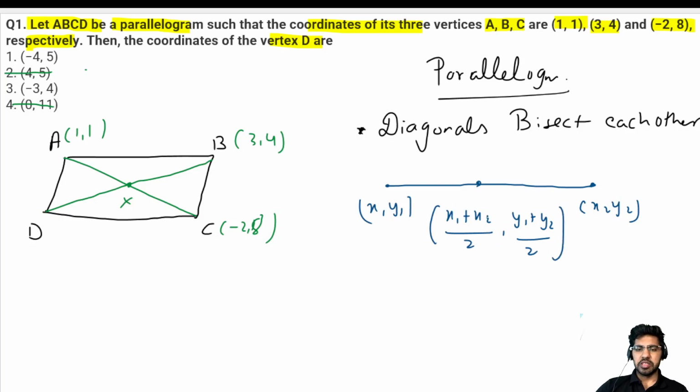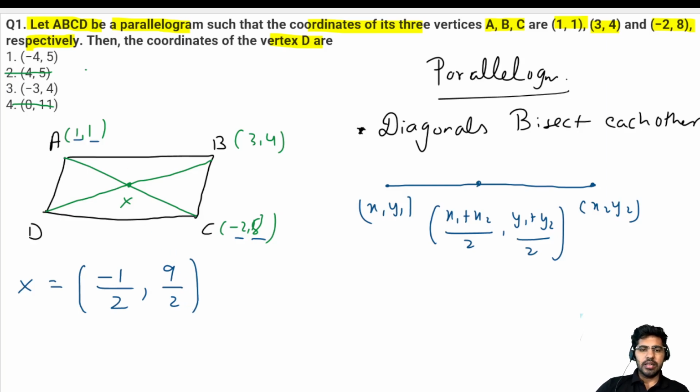So let's use this here. Can I figure out the coordinates of point X using points A and C? The x coordinate of point X is (1 + (-2))/2, which is -1/2, and the y coordinate is (1 + 8)/2, that is 9/2. So these are the coordinates of X.